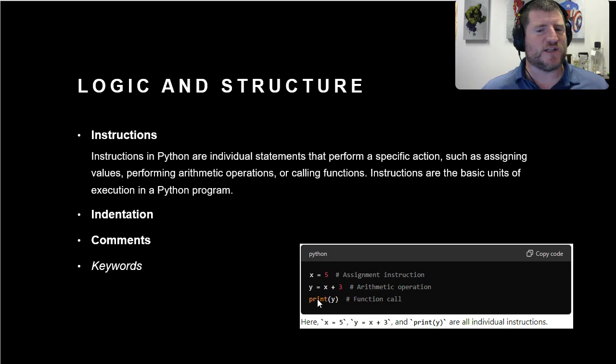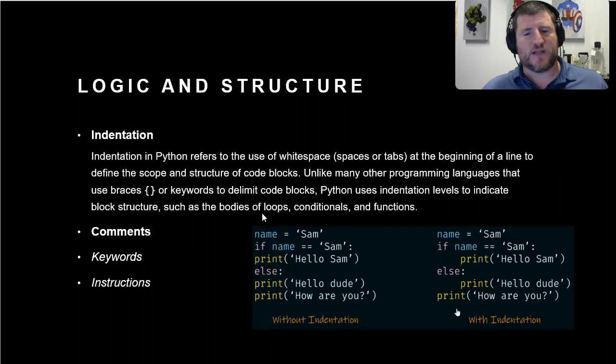But every function does something different. And the nature of a function is that it has the function name, and then an open parenthesis, some parameter inside, and then a closed parenthesis. In this case, the parameter is y, which we've already established is 8. So when it prints, it's going to spit 8 out onto your screen.